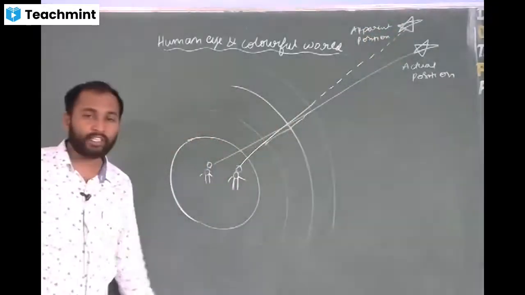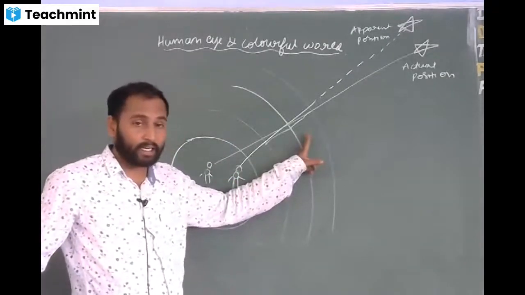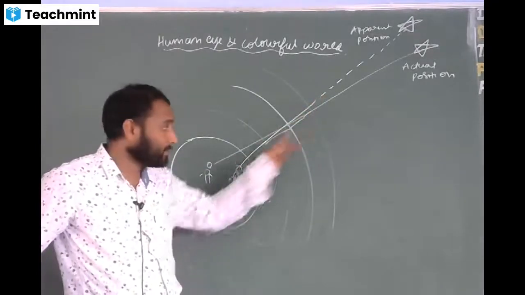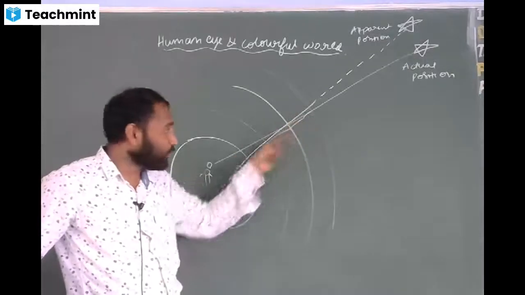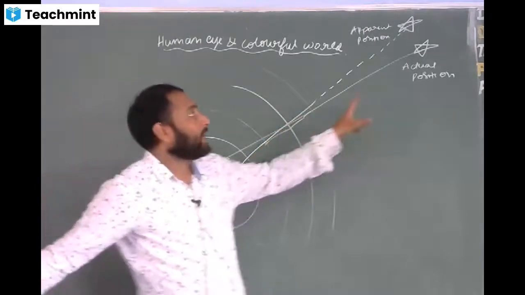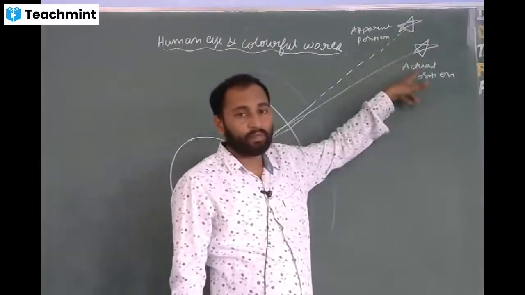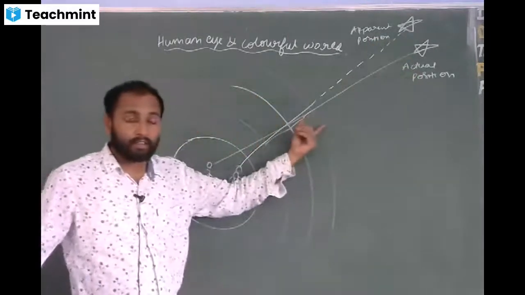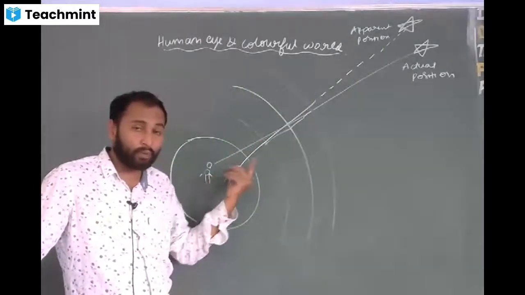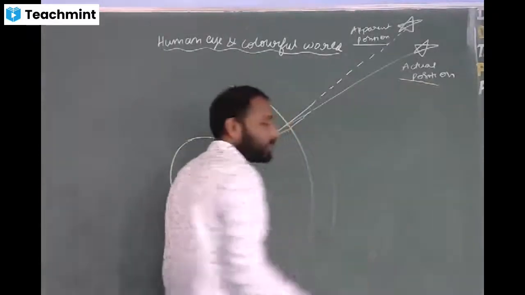Due to the gradually changing refractive index, the starlight on entering the earth's atmosphere bends towards the normal. As the starlight bends towards the normal, the apparent position of the star is slightly above the actual position.